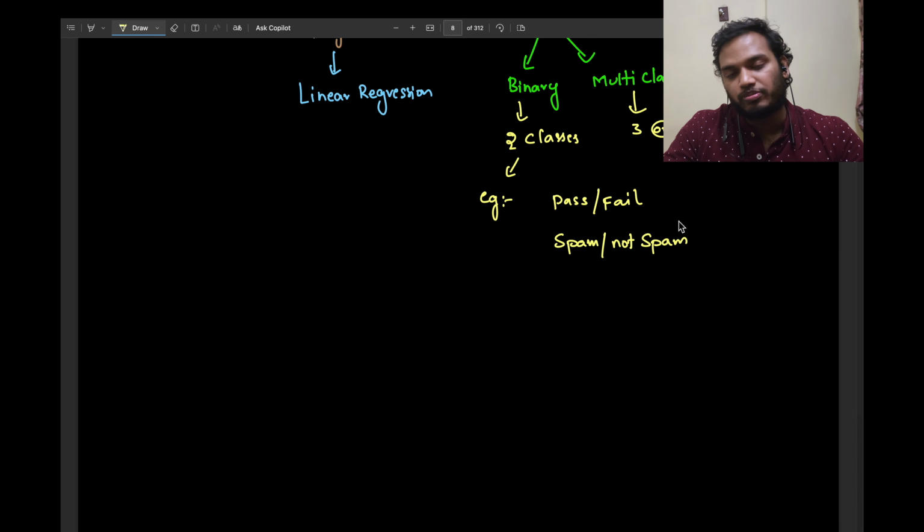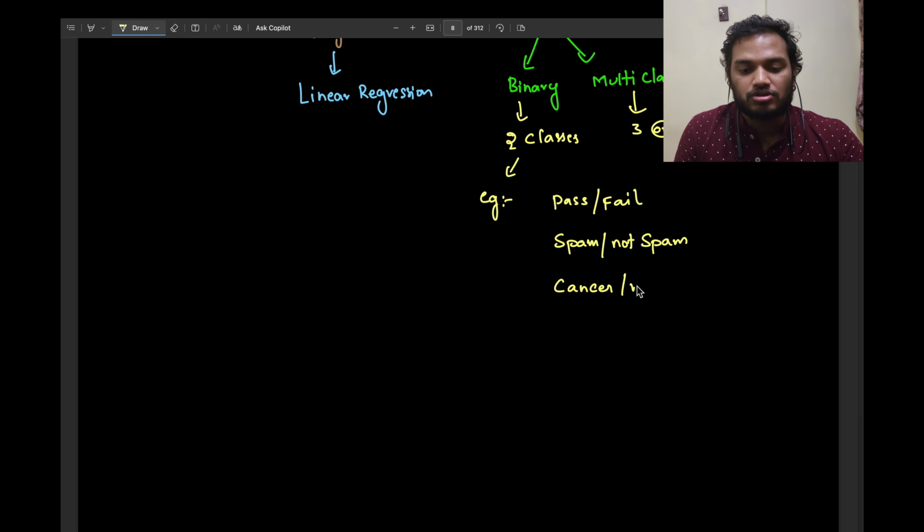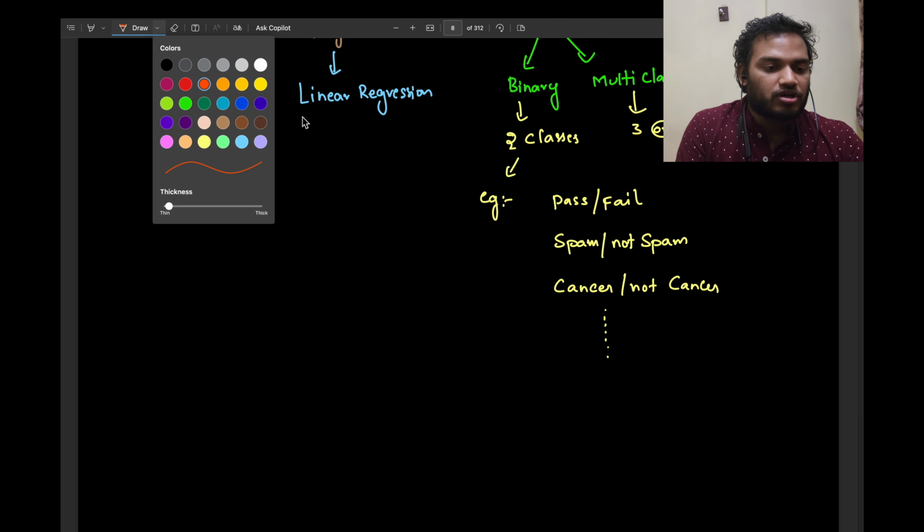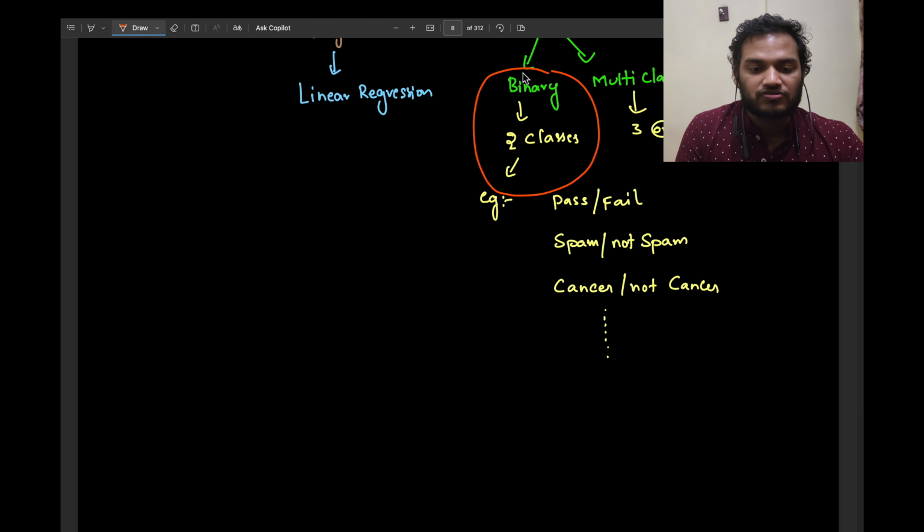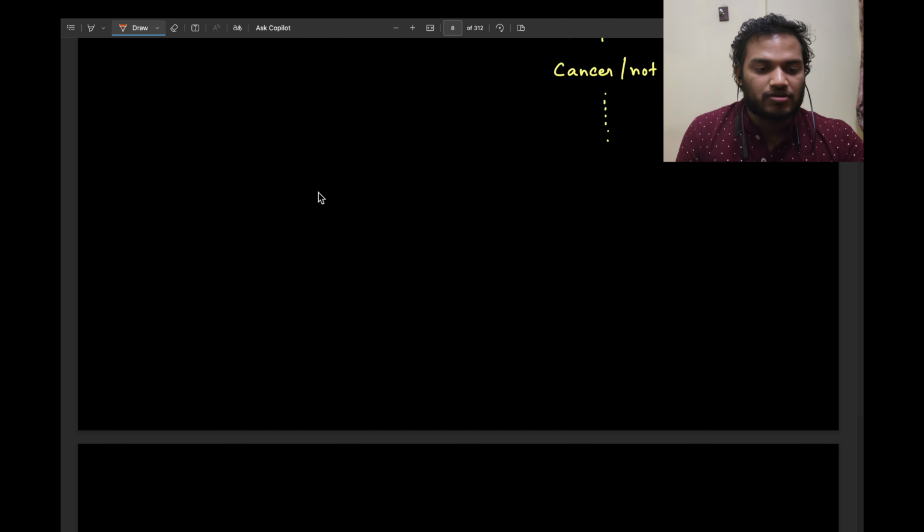And whether the patient is affected with cancer or not is yet another. Like that, there can be so many binary classification problems. Now let's take one of these examples. For now, let's concentrate on only binary classification problems.